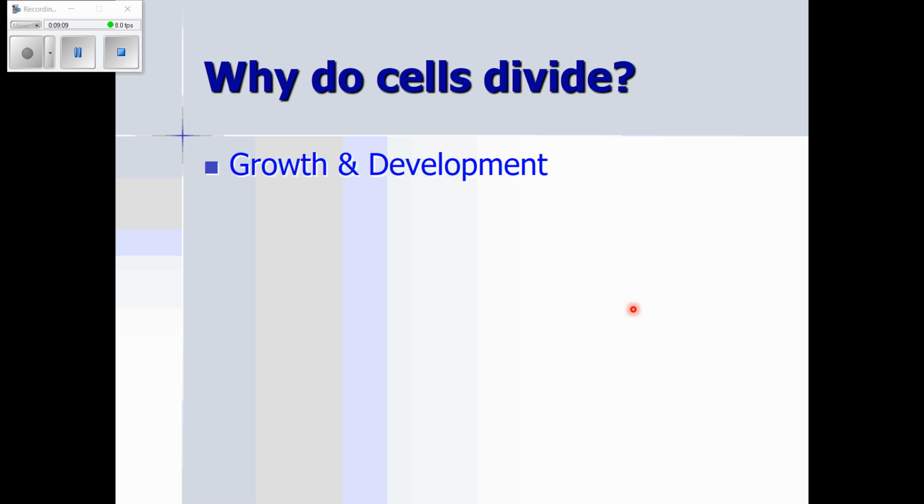And you have been dividing like that, doubling the number of cells in your body for about 15 or 16 years, or as long as you've been alive on this earth. So you have grown from a single cell to an adult, or almost an adult, with 30 trillion cells. How did you grow? How did you develop into a human being from a single cell? By lots and lots of cell division.